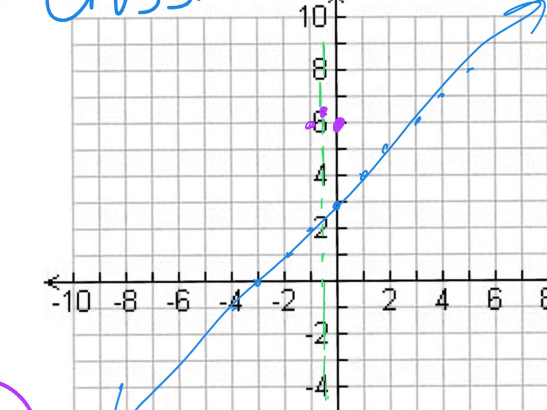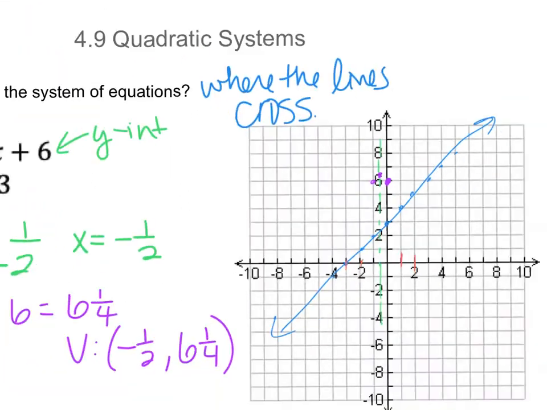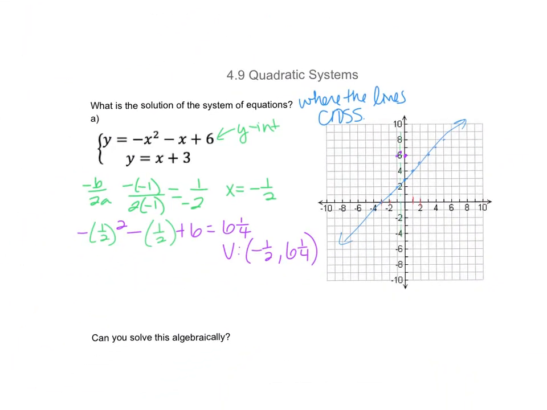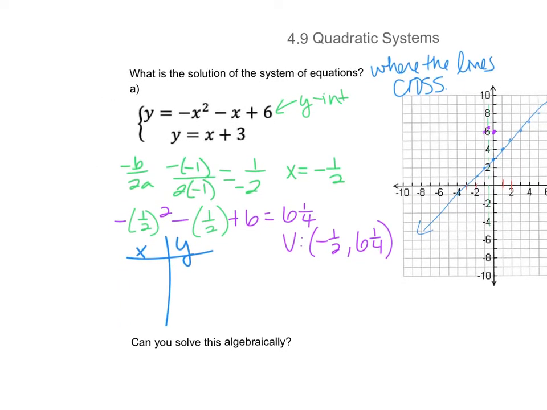So I'm going to pick the points 1, 2. I already have 0 and negative 1, so let's do negative 2 and negative 3. So let's do negative 3, negative 2, 1, and 2.